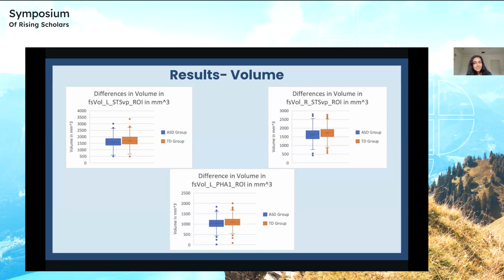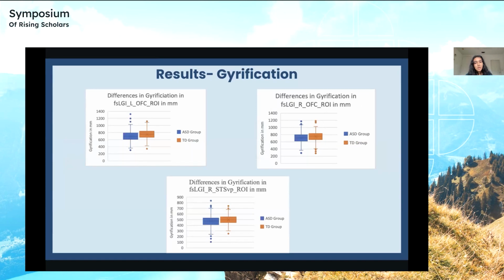The right STSVP has a 6% increase, and the PHA1, or the parahippocampal area 1, has a 5% increase. For total gyrification, in the left OFC, a 7% increase is present, and in the right OFC, a 6% increase is shown, and in the right STSVP, a 5% increase in the typical development group compared to the ASD group is shown.